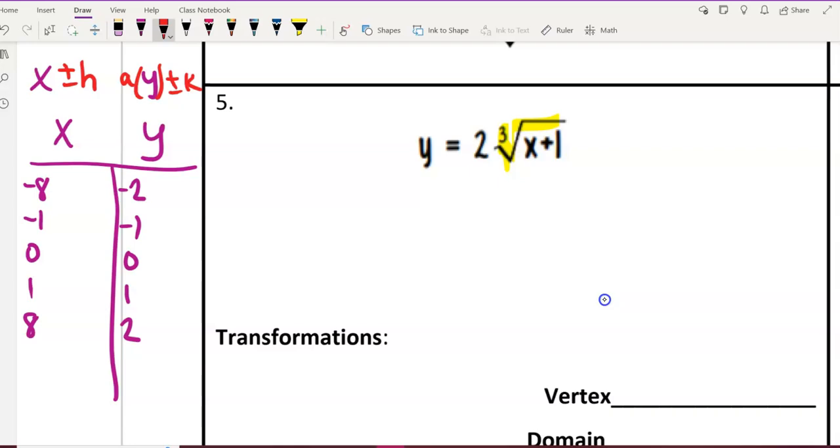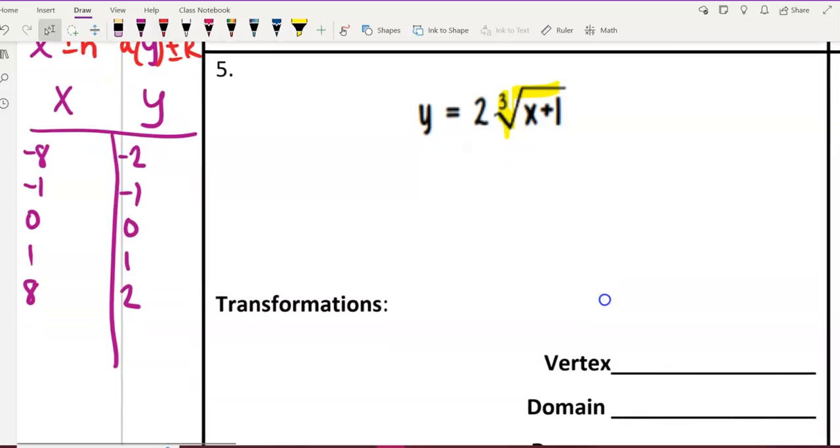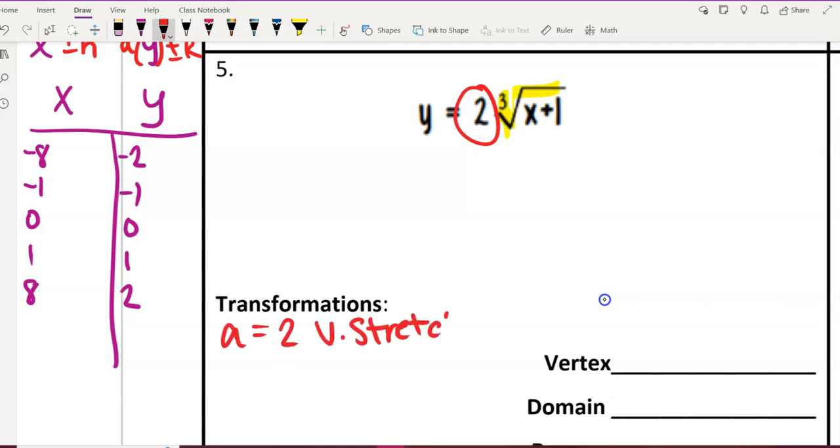So using that, we need to write our transformations here. First transformation, I see a 2. That means our a value is 2, which means we have a vertical stretch. It's getting wider. Next, we have this +1. It's inside the radical, so h is actually -1.